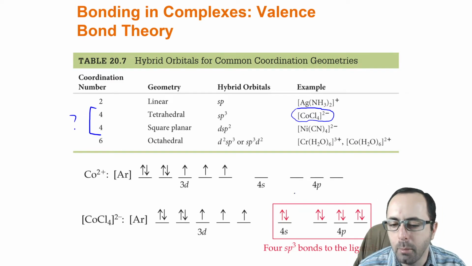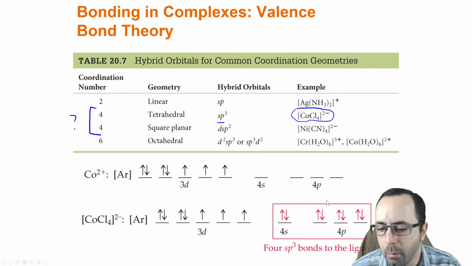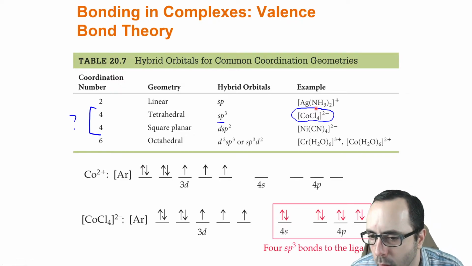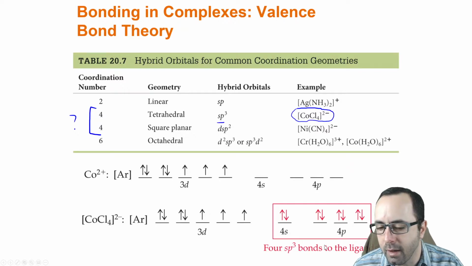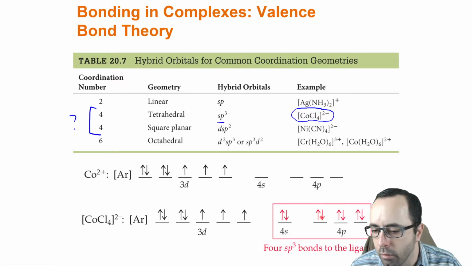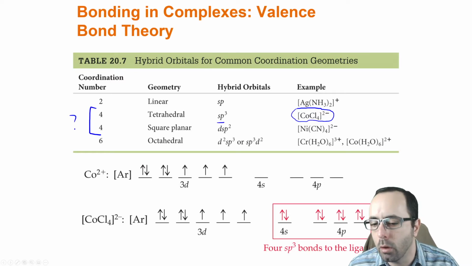But the way the hybridization happens is that it's sp3, which means that the hybridization is going to involve combining this 4s orbital with the 4p orbitals. All of them are empty. Now the orbitals have to be empty because it's going to be the ligands that provide the electrons. So these are all the electrons from the cobalt. These 8 electrons are being provided from the 4 chloro ligands, 2 from one ligand, 2 from another, 2 from another, 2 from another, for a total of 8.